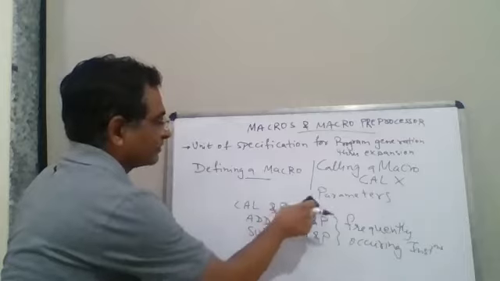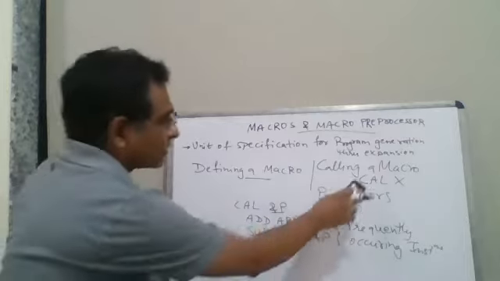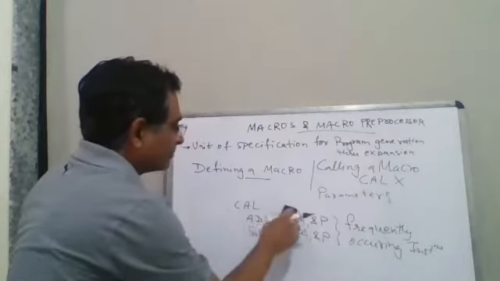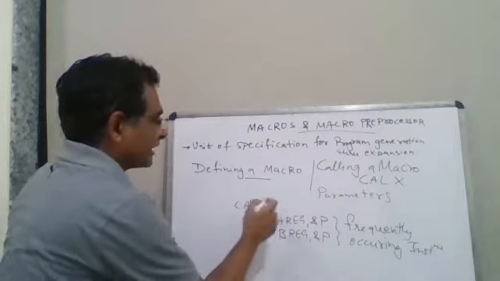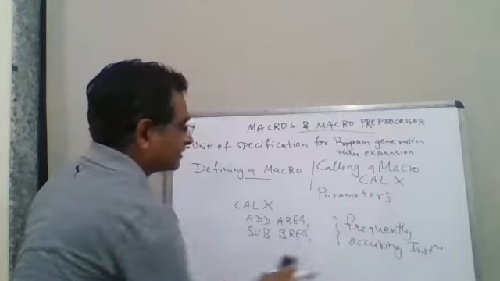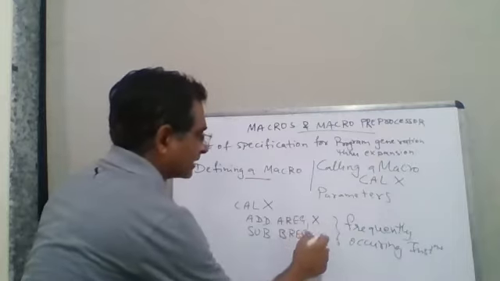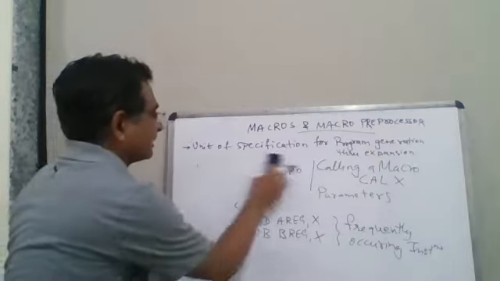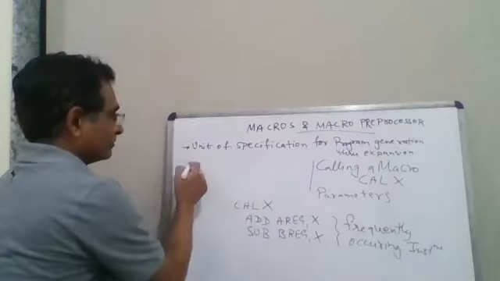So the expansion would be CAL X, and wherever &P is there, I would say X. At both these places, I would say X and X. So this is the expansion of a macro.